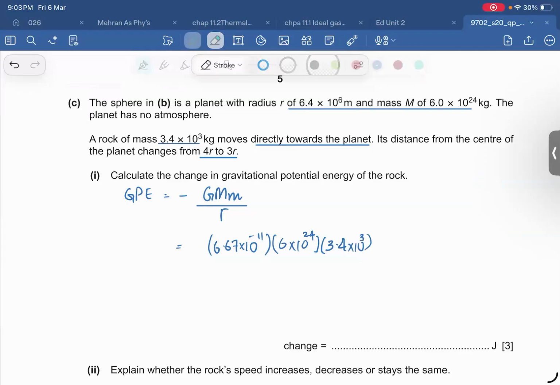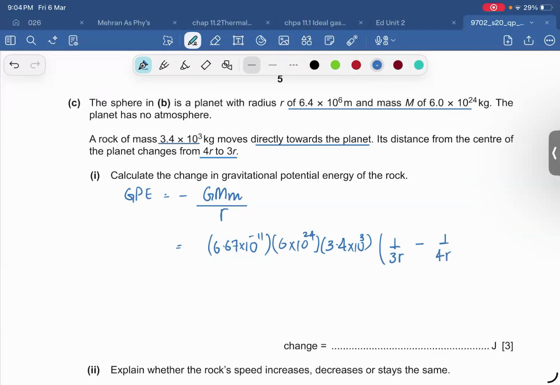Since we are finding the change, you have to do 1 over R2 minus 1 over R1. From 3R, this is the final, and minus this is the initial.